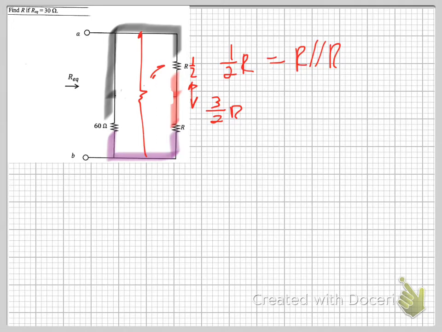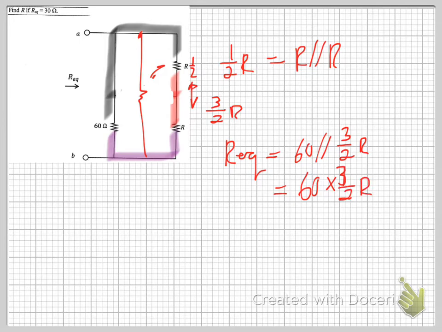And now you have your 3 over 2R in parallel with 60. So therefore R equivalent is equal to 60 in parallel with 3 over 2R, which is 60 multiplied by 3 over 2R over 60 plus 3 over 2R, and that is equivalent to the 30 ohms.